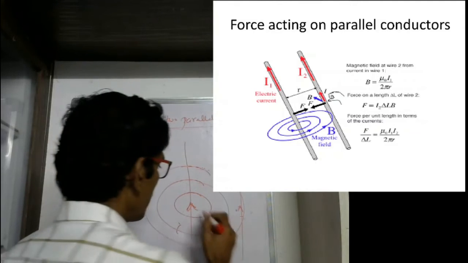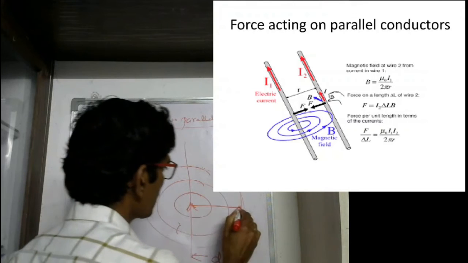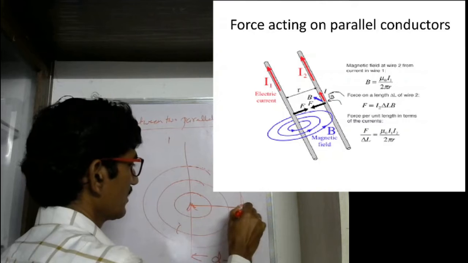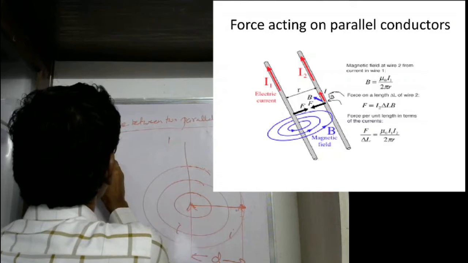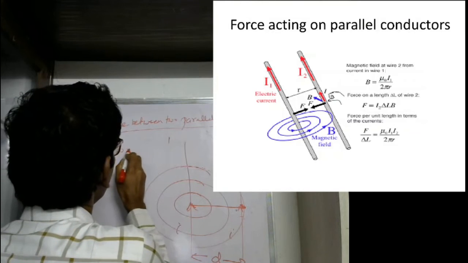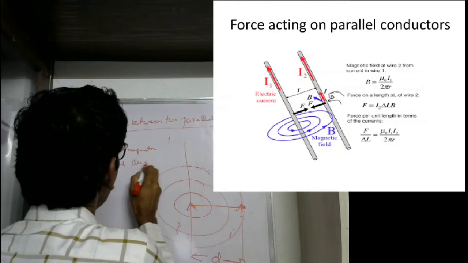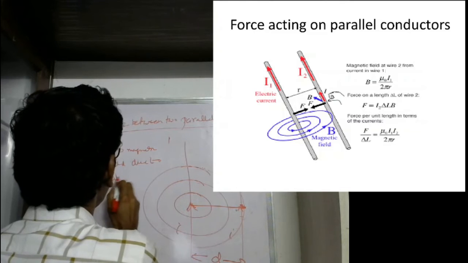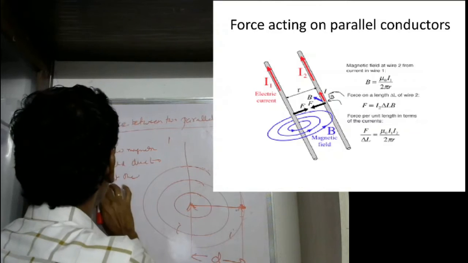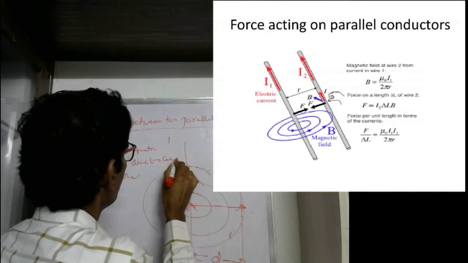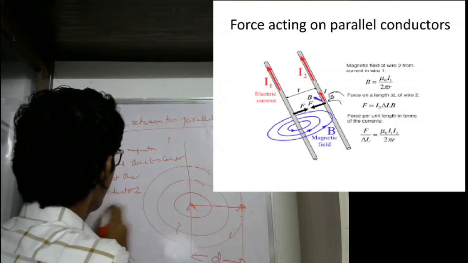If the distance between them is D, what is the induced magnetic field due to conductor 1 at conductor 2?